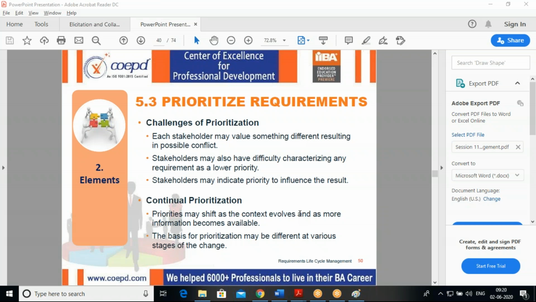Yeah, challenges of prioritization, I would think dependencies is a major challenge, because the dependencies and relationships between the requirements are a major concern. They are primarily to be understood, because that would help us in cutting our costs as well.